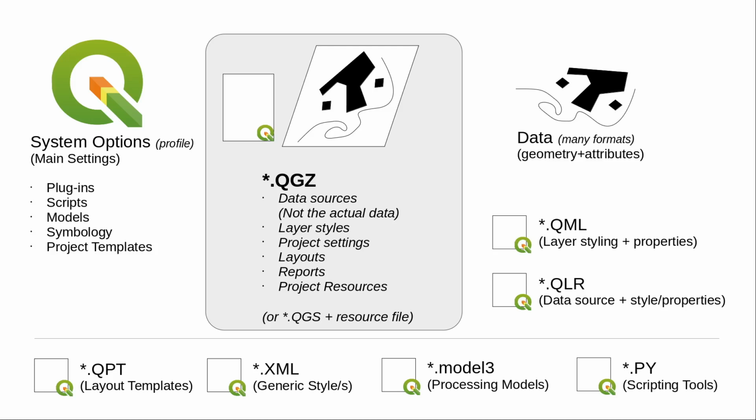QML and QLR have style properties, or more specifically layer properties stored in them. If you want to handle generic styles that are specifically not layer specific, they are just styles, they are handled in XML files.